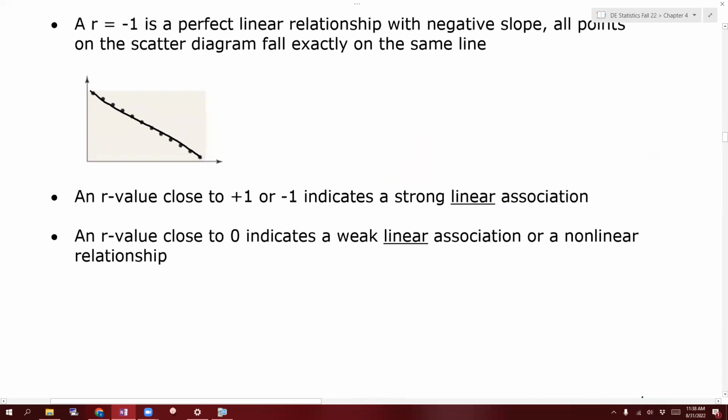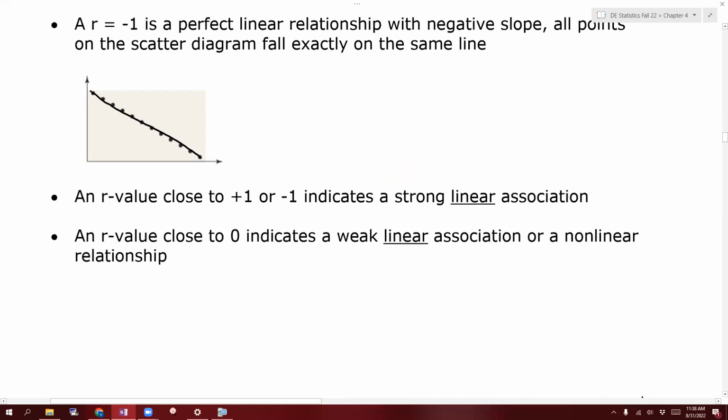And so the closer we are to +1 or -1, the stronger the association between our two variables. An R value of 0 means there's a very weak or no relationship between our two variables. And again, it's not no relationship, it's no linear relationship.